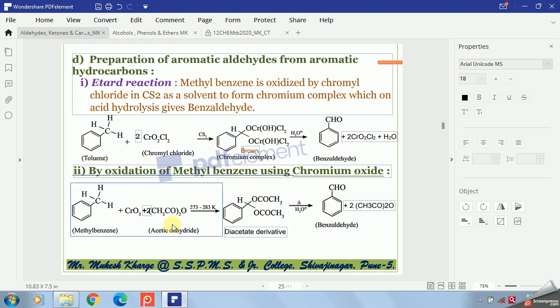Then the second one is by oxidation of methyl benzene or toluene. So the reagent is chromium oxide CrO3 and acetic anhydride. So again these two hydrogen get replaced by the CH3CO group.